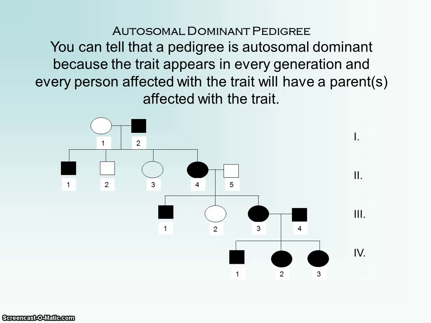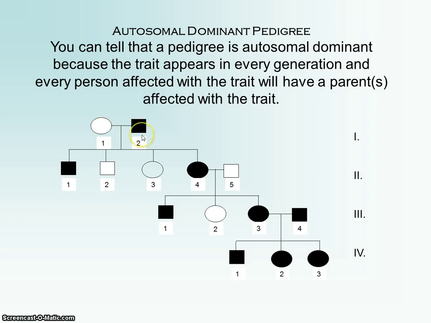Now, if I were to ask you to tell me the genotypes of each one of those individuals within the pedigree, well, if you know it's autosomal dominant, you have a few options. Notice that here you have a mother. She's not colored in, so she does not carry the trait. You have a father that is shaded in, so he does carry the trait. Well, I say carry the trait. The mother doesn't show it in her phenotype.